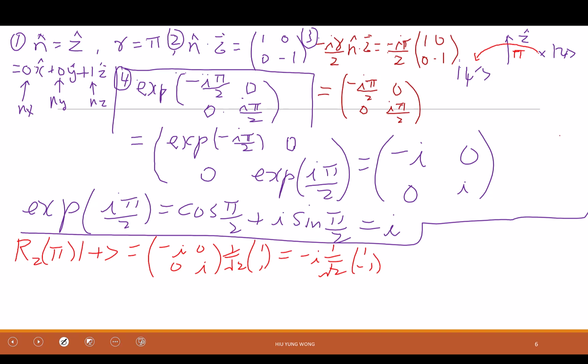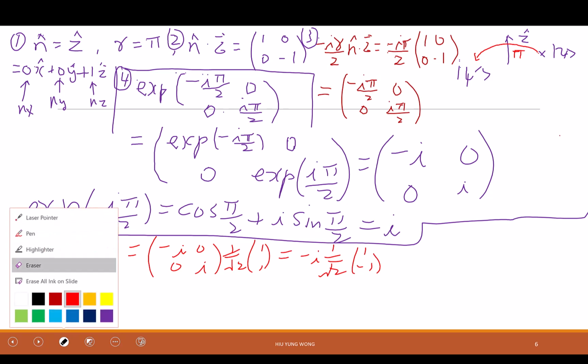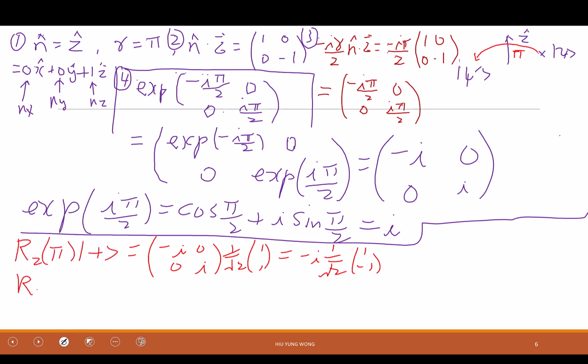Okay. So let's do one more time. Now I'm going to apply Rz, but 2 times, to the plus state. If I apply 2 times, it's just like I'm applying the same matrix, negative I, 0, 0, I. But this time I apply to negative I divided by square root 2, 1, negative 1.